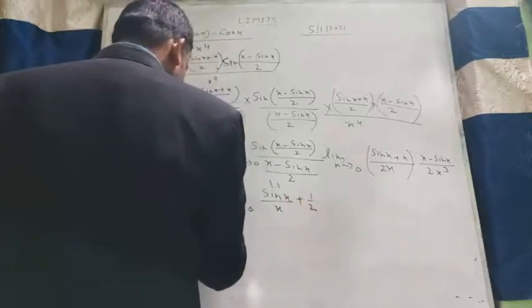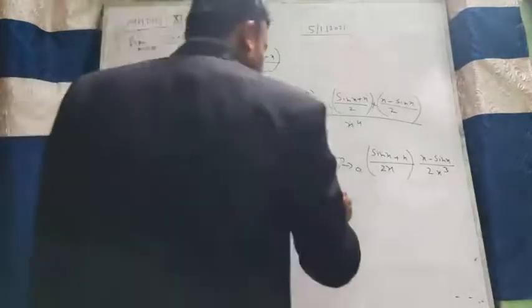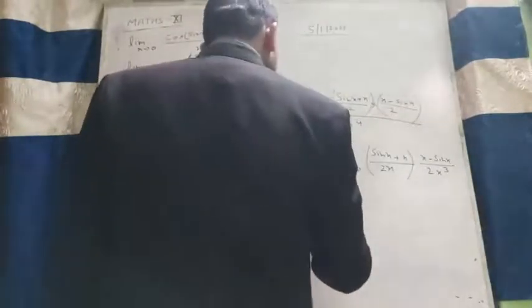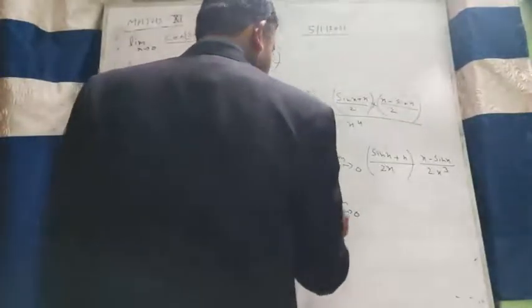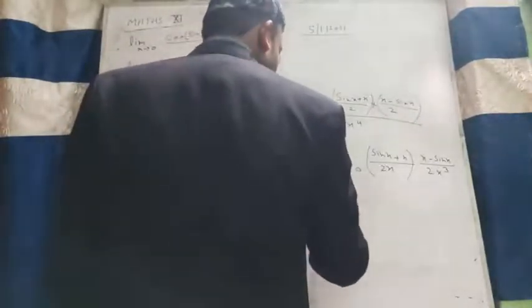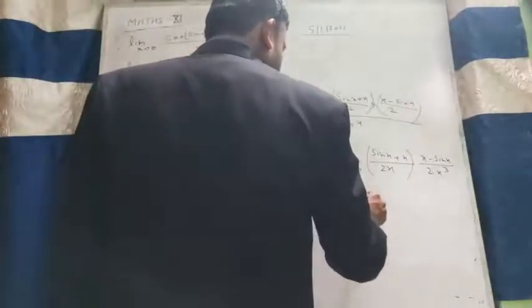Okay, and here we also write limit x tends to 0, and this is 1 by 2, and this we can write, student.